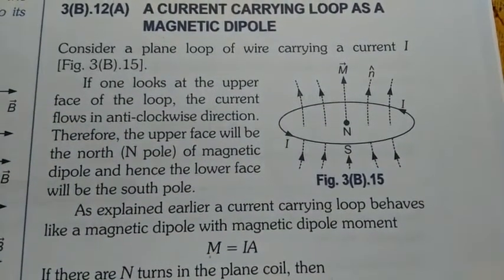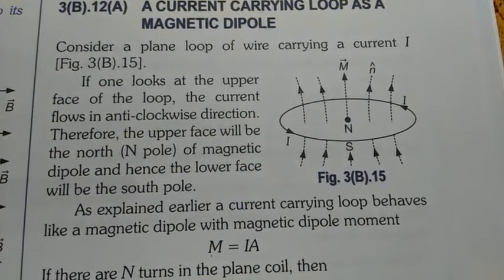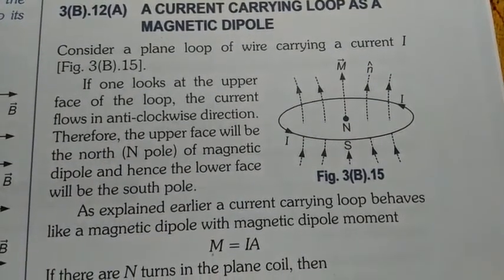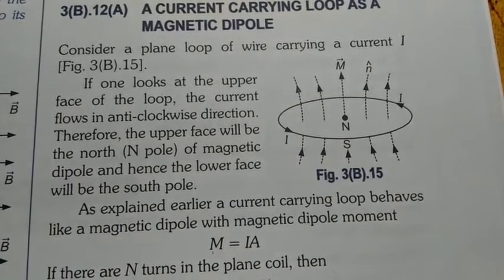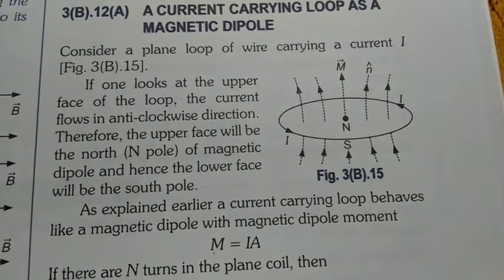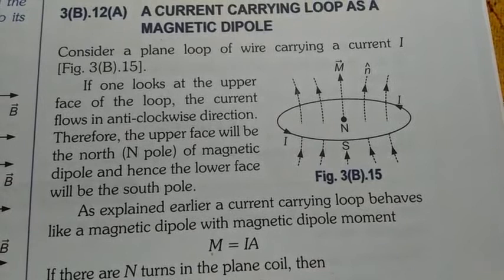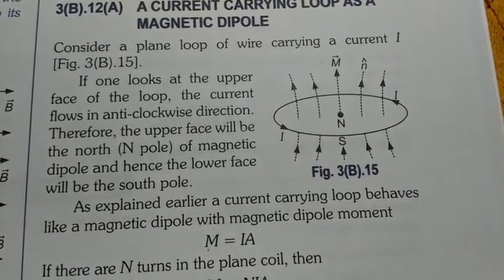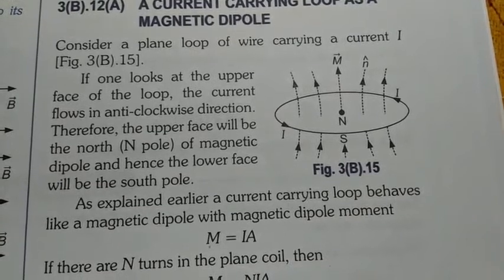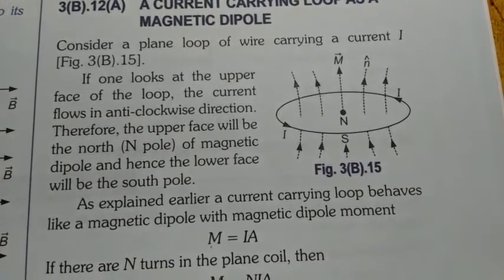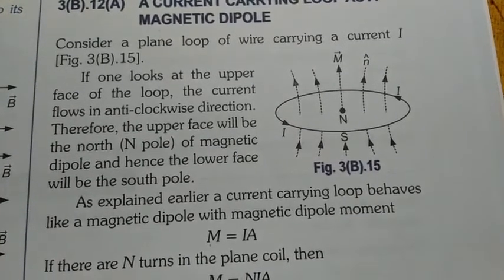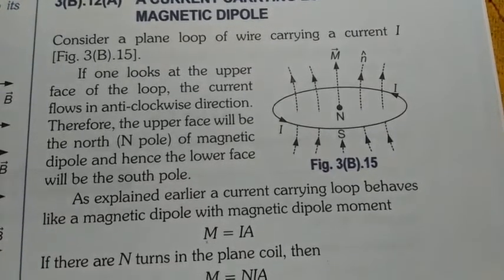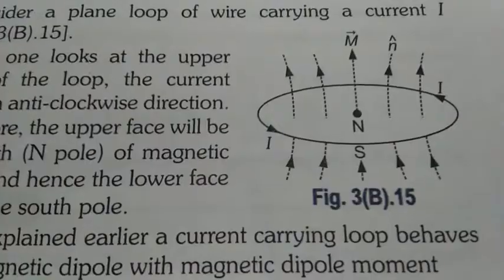So here, as you can see in figure 3b.15, one loop of wire is there. This is one circle of a current carrying wire in which current I is flowing in anti-clockwise direction, and because of that the upper face will become North Pole and the lower face will become South Pole.